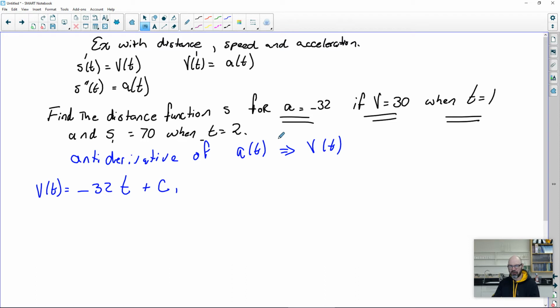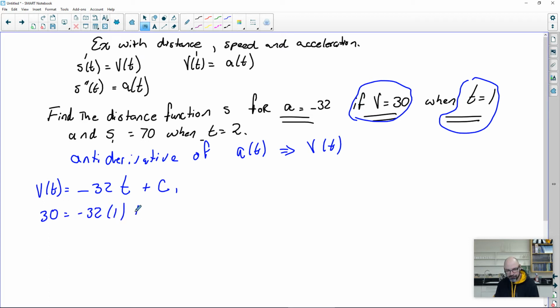Okay, now we can find out what the constant is by using this information right here and this information right here. The velocity is 30 when t is 1. So we're going to say velocity equals 30 when t is 1. Now we're going to calculate C1.